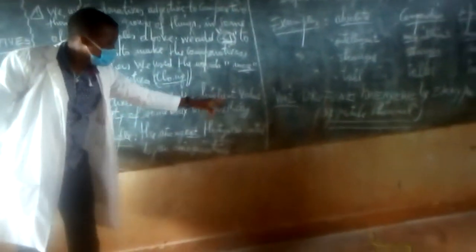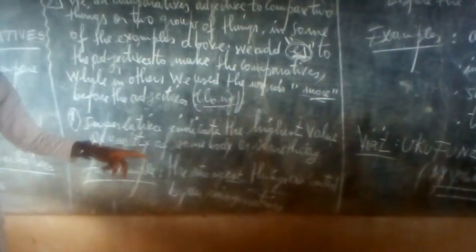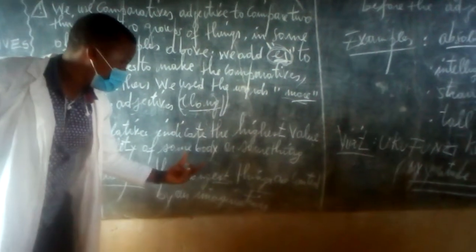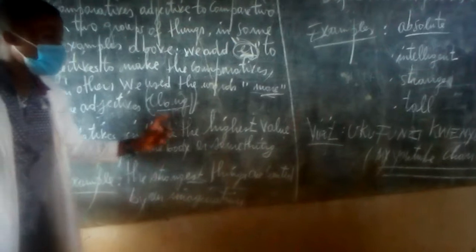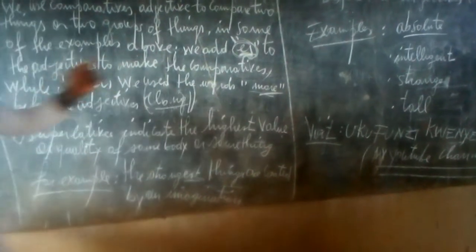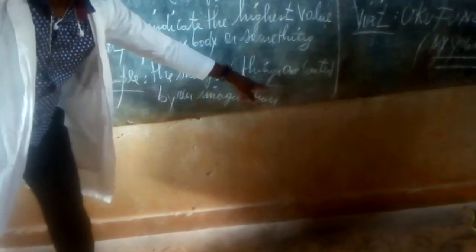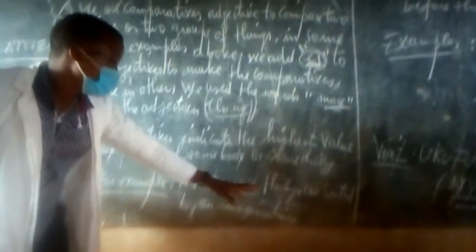Number two, superlative. Superlative indicates the highest value or quality of somebody, a person, or of something, anything. For example, the strongest things are created by our imagination.